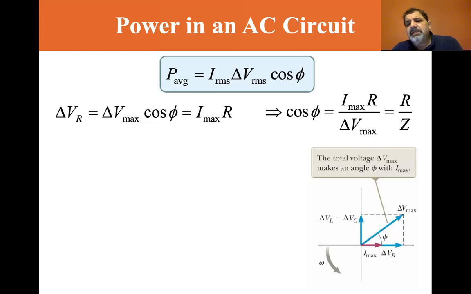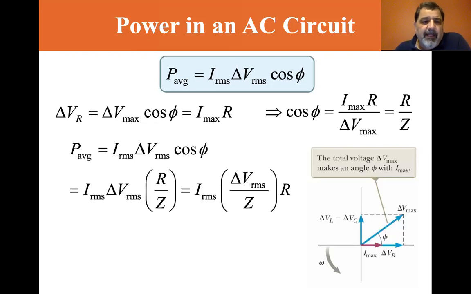Well, first of all, what is delta V max divided by I max? It's equal to Z. So I max over delta V max is equal to 1 over Z. And so we get cosine phi is equal to R divided by the impedance. I say Z, Z is the impedance.